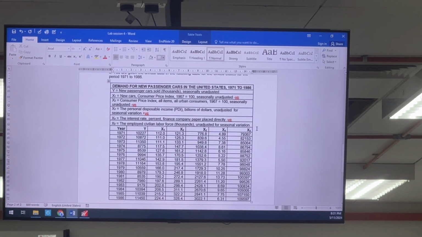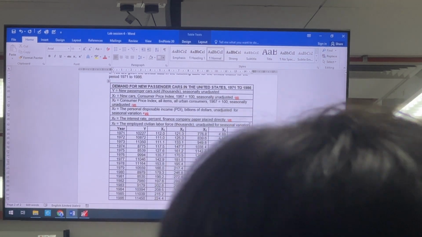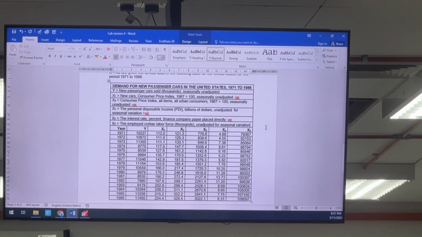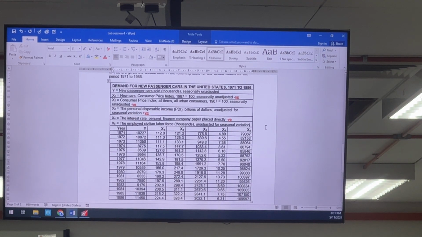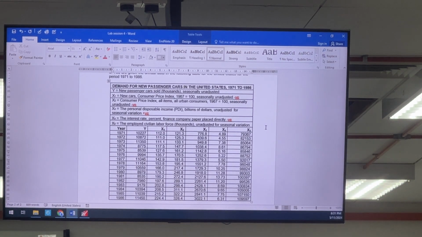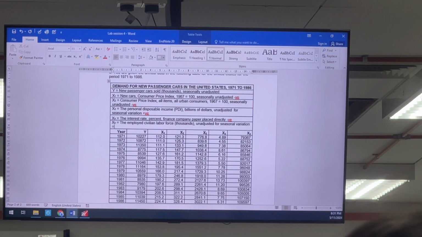The last one, X5, the employed civilian labor force. So this one we expect to have a positive influence. The larger the size of the labor force, the more people work, and we expect it to increase the sales. So it is positive.